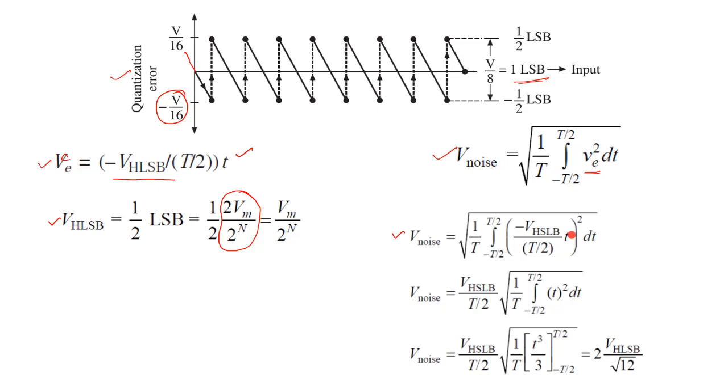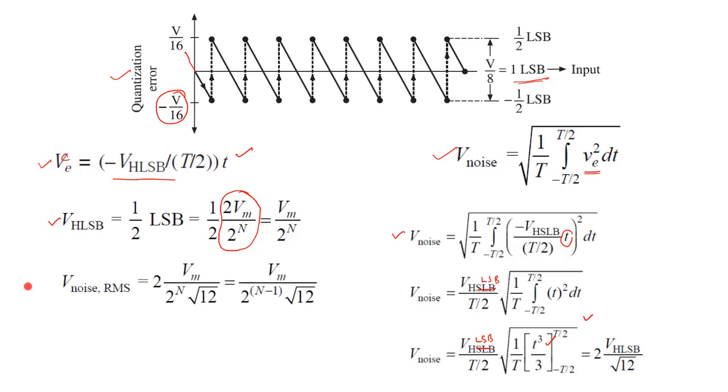So, only t is the variable here. So, it will become t squared, and it will become t cubed by 3. Now, taking out V_H LSB by T by 2, and this is also LSB, your final expression will become twice V_H LSB by root over 12, right.